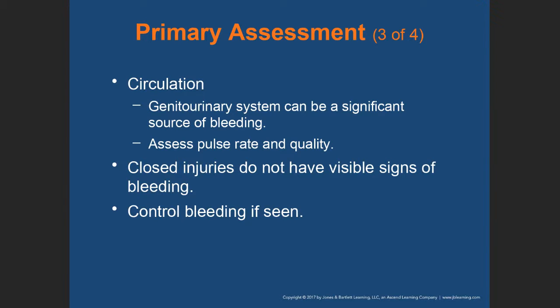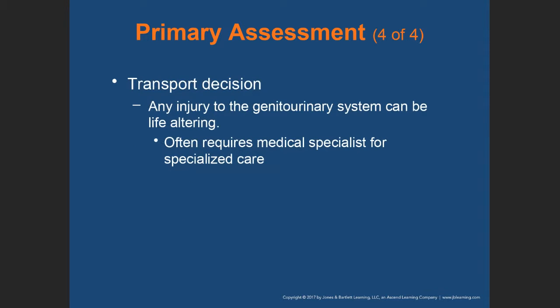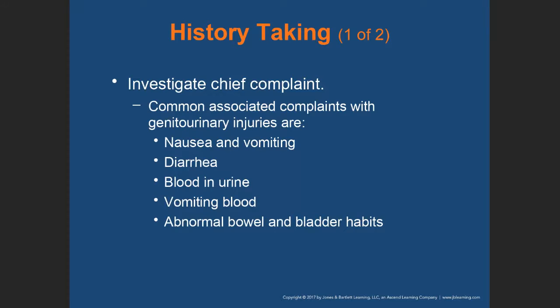Closed injuries do not have visible signs of bleeding. Control bleeding if present. Transport decision. An injury to the genitourinary system can be life-altering and often requires medical specialists for specialized care. That's your primary assessment. Next, history taking.